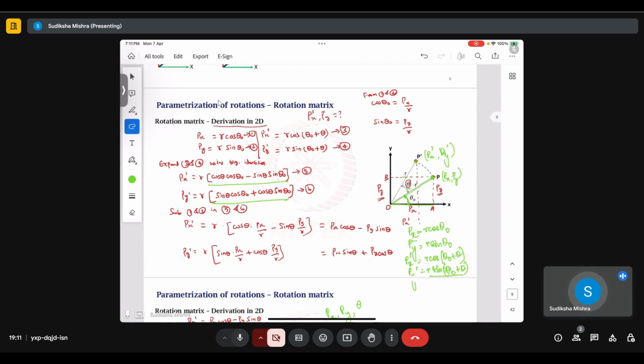Px can be written as r cos theta naught, Py can be written as r sin theta naught, and you can write cos theta naught as Px by r, sin theta naught as Py by r. You can write Px dash as r cos of theta naught plus theta, and Py dash as r sin of theta naught plus theta.